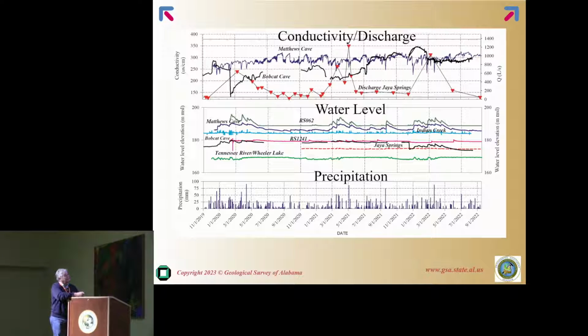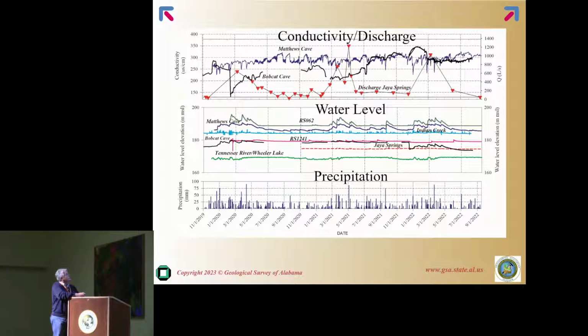On the middle graph is the water level elevation. The first one is the well, in the vicinity of the Matthews Cave, and you can see both water level elevations are about the same, and I personally believe that the well was installed in the same aquifer.